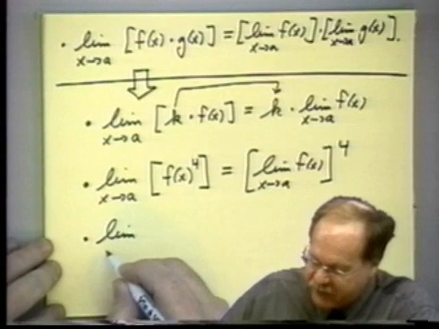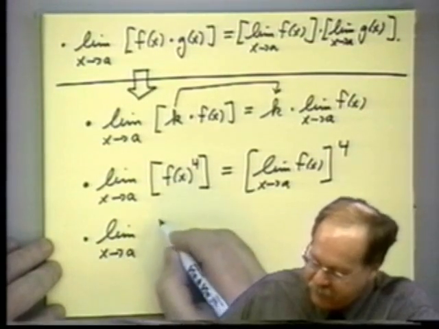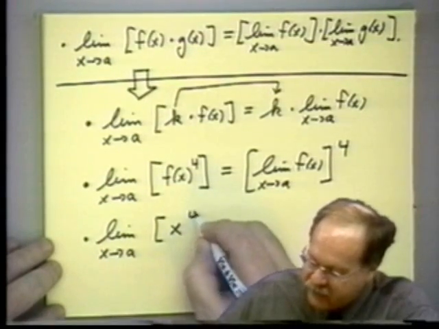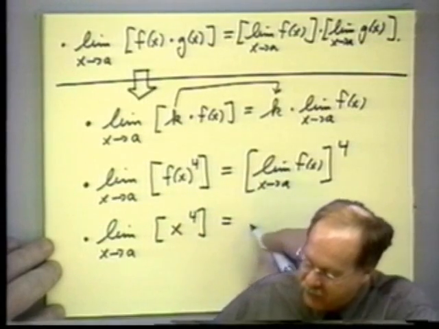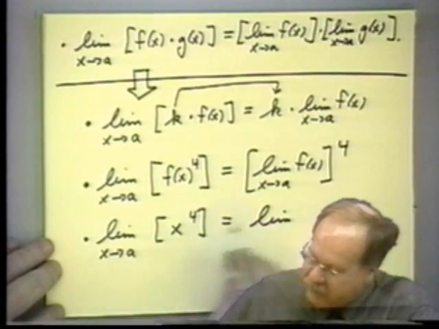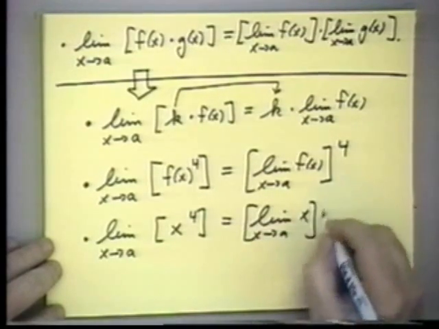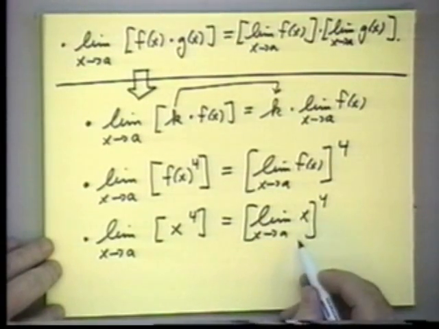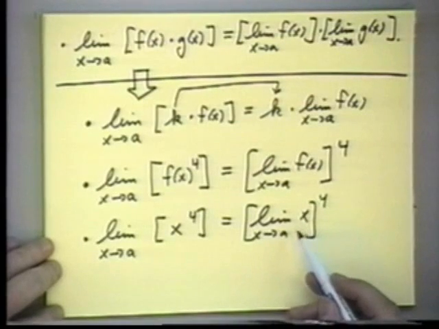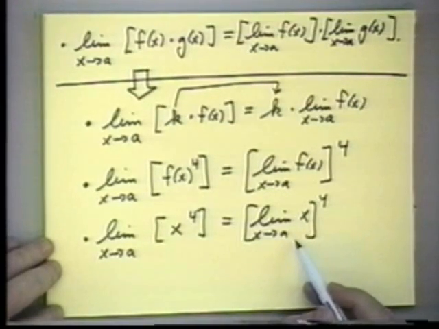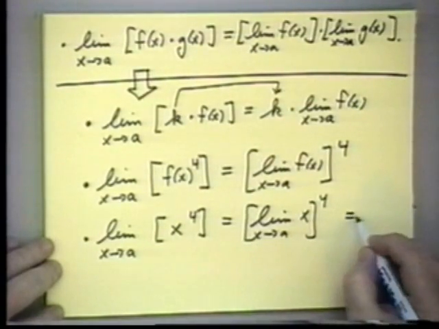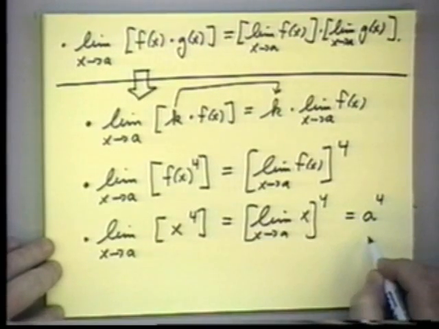Finally, if we take an even more special case of that, if we take the function to be x to the fourth, then the limit of x to the fourth becomes the limit as x approaches a of x to the fourth power. And we can go further here because this is one of the basic limits. The limit of x as x approaches a is a. So this is a to the fourth power.